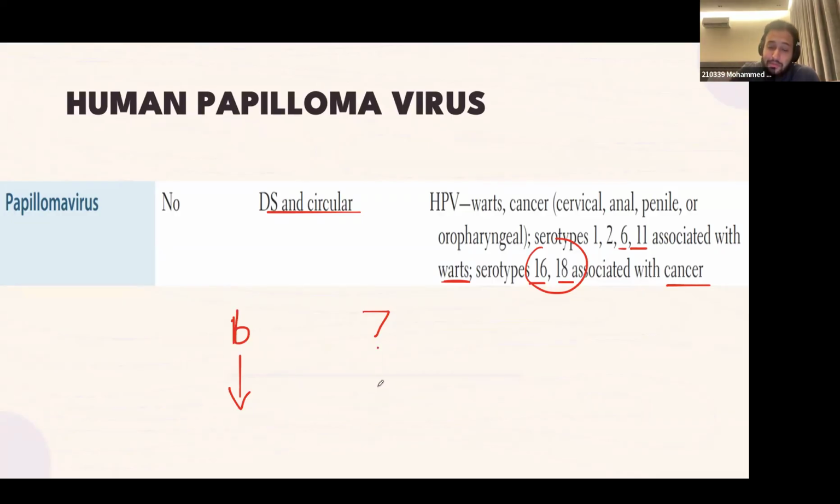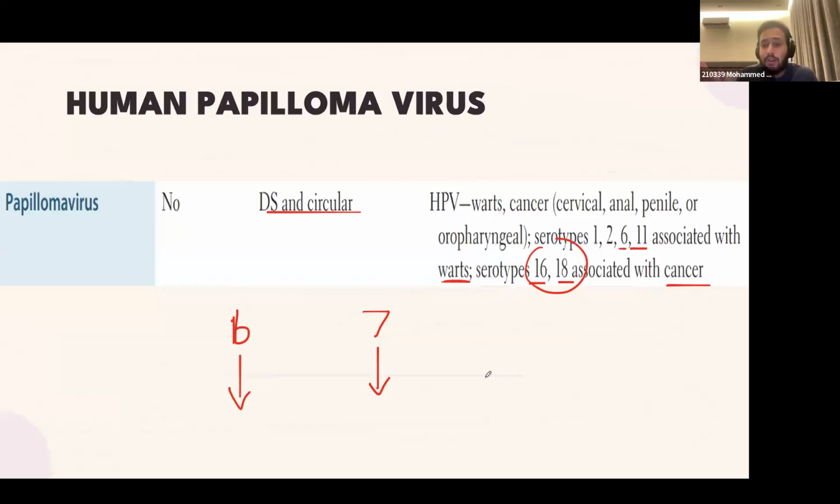E7 inhibits what? Retinoblastoma. Now, these two, P53 and retinoblastoma, are tumor suppressors, basically surveillance in the cell cycle, basically checkpoints. So if you inhibit both of them, there's no more checkpoint, there's no more monitoring. Cells will keep dividing, gain mutations, not be sensed by these two.